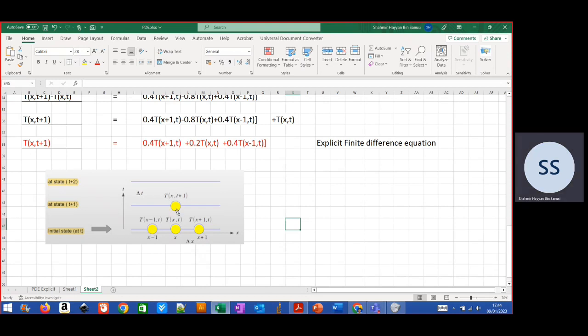To get the top value, it is 0.4 front plus 0.2 middle, where 0.2 middle is Tx T, plus 0.4 back. So we can predict the value here.